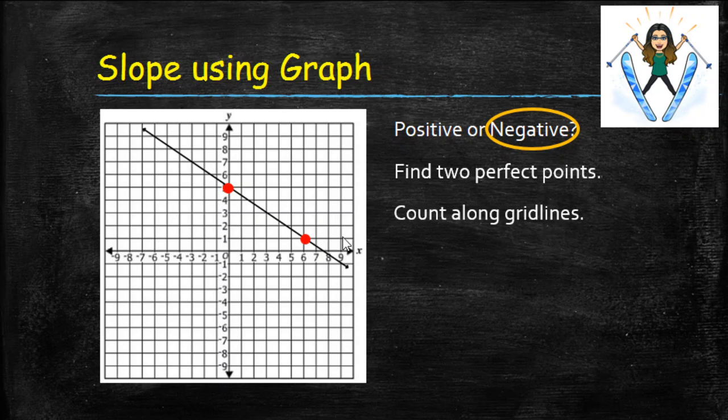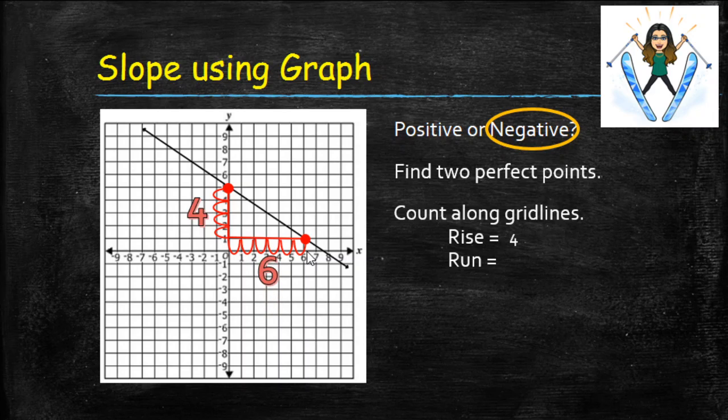Then I'm going to count along the grid lines, my rise and my run. So on my grid lines, I count 1, 2, 3, 4, one scoop per box. And then I count my run. 1, 2, 3, 4, 5, 6.